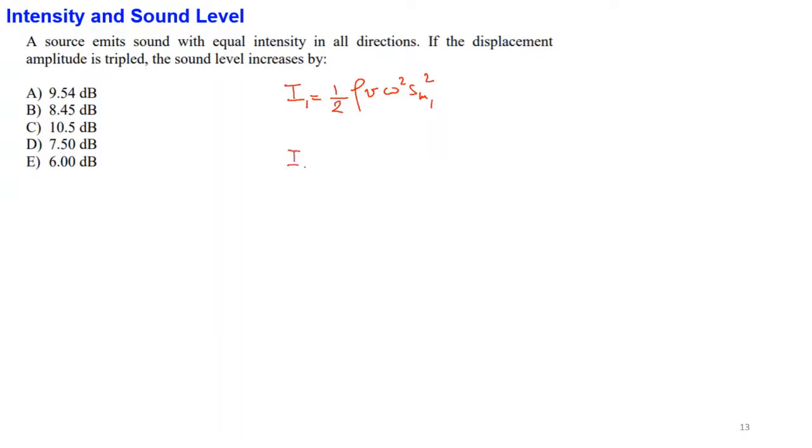Now intensity number 2 is just half rho v omega square sm2 square. But I told you that the displacement amplitude is triple. So sm2 is equal to 3 times sm1. That means basically I2 will be just 9 times I1.